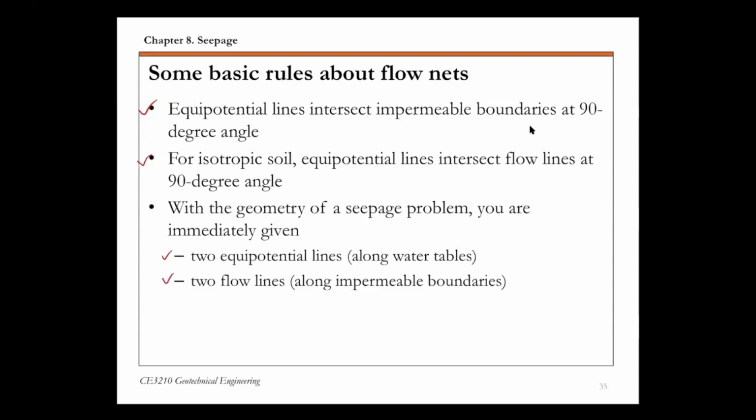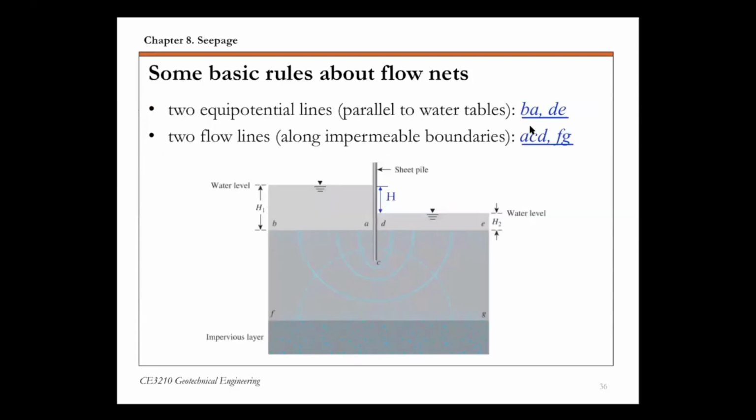So I'm going to show this with, again, the same flow net. Once you're given this flow net, immediately you know two equipotential lines. The first one is along this upstream water table. So all points on this line have the same total energy or potential. And same for the downstream water table here. This line parallel to the downstream water table. And also, you immediately know two flow lines.